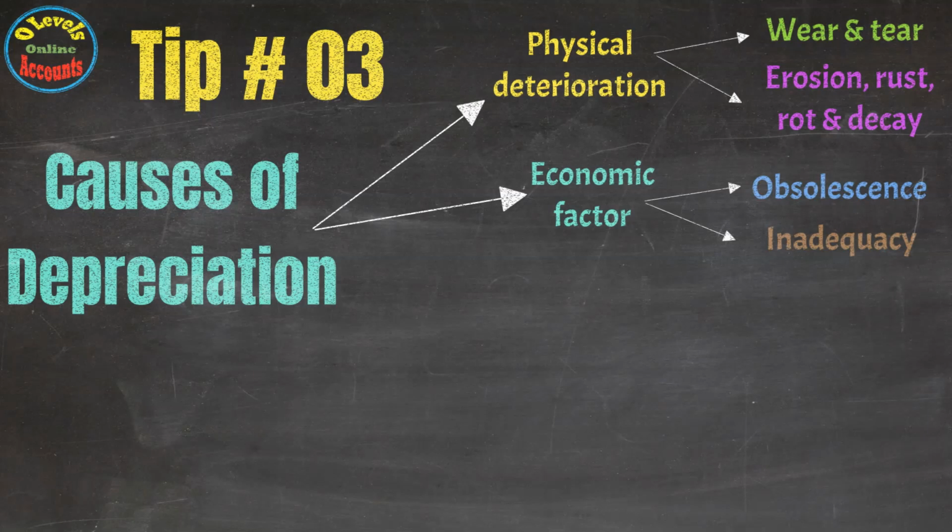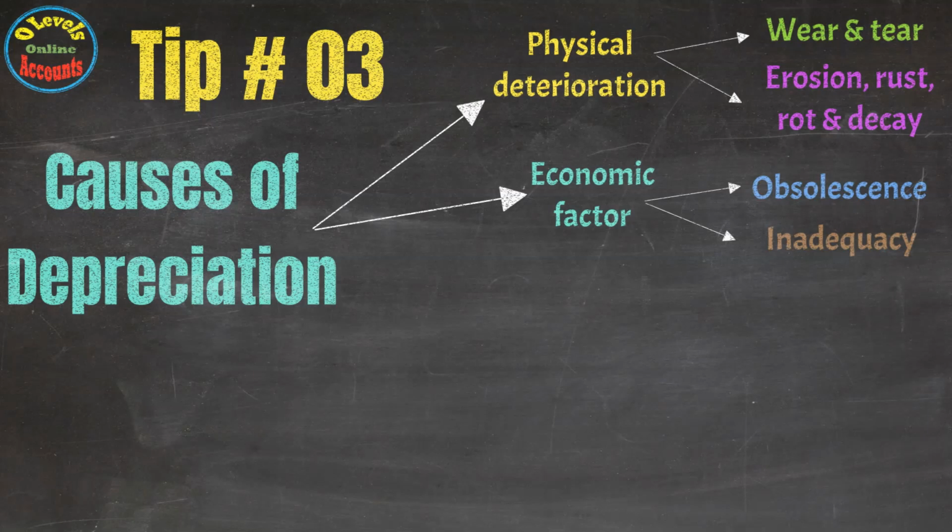Even if an asset is still functional, it can become obsolete if newer, more efficient, or more desirable alternatives become available. Inadequacy refers to the situation where a fixed asset is no longer sufficient to meet the demands of the business. Unlike obsolescence, which is about the asset becoming outdated, inadequacy is about the asset being insufficient in capacity or capability.